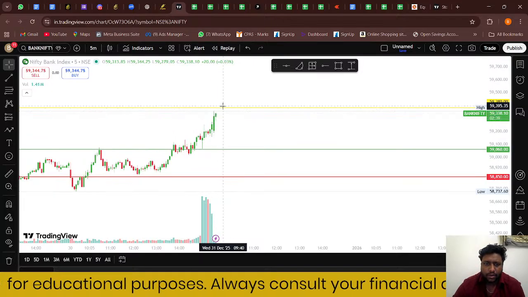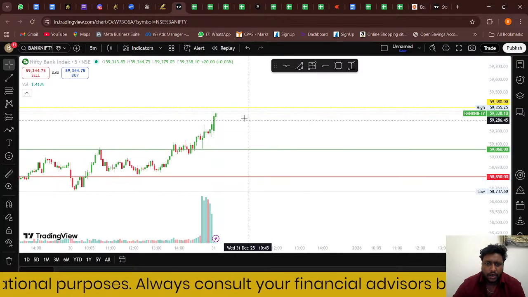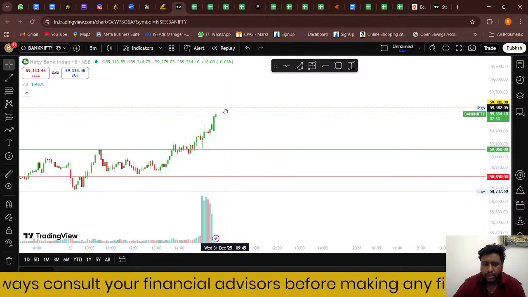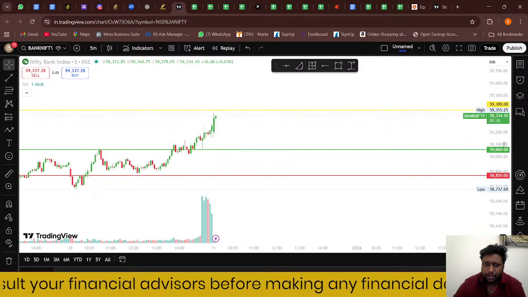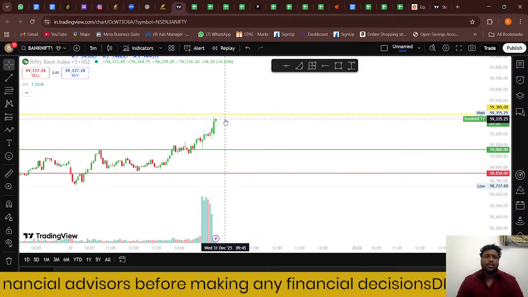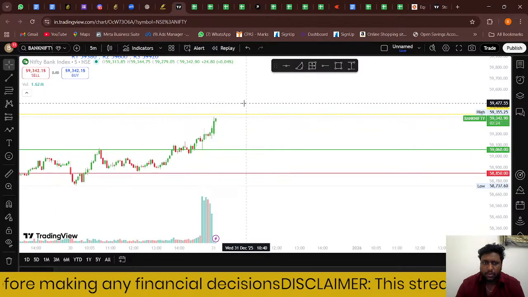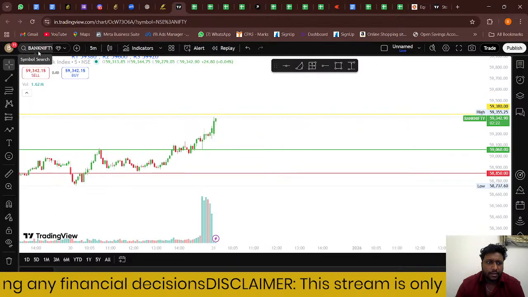We will wait for it to break out for an entry on the bullish side, or if there is a rejection from this side, then we can plan a trade. But on this rejection, we will wait a little for confirmation. If volume also supports, then only we will take an entry.